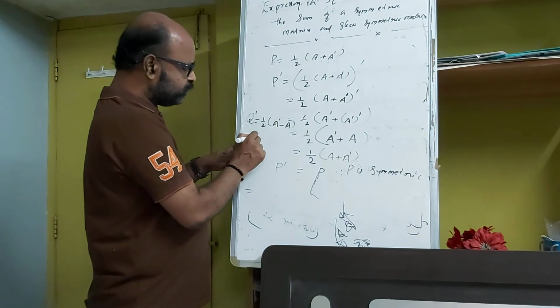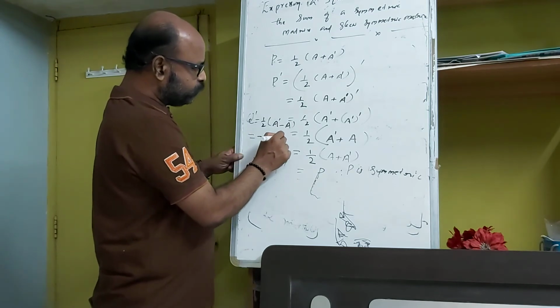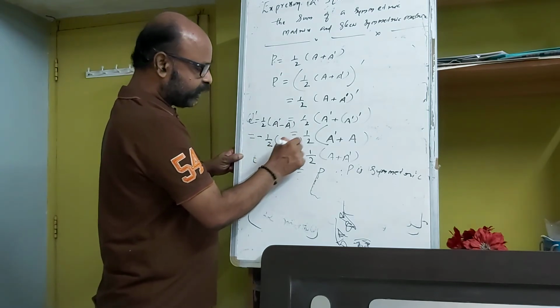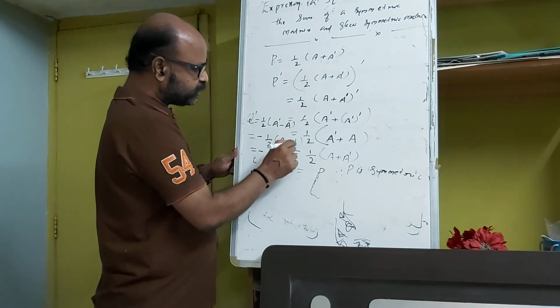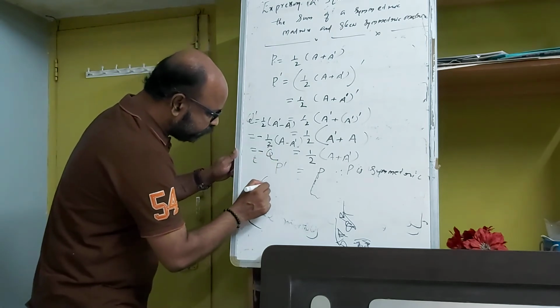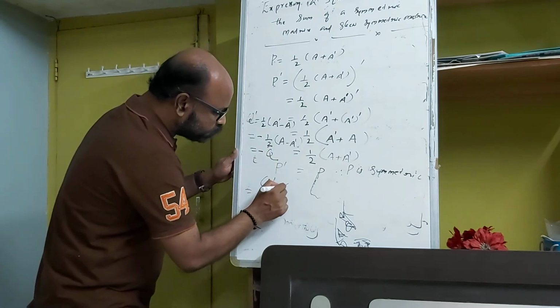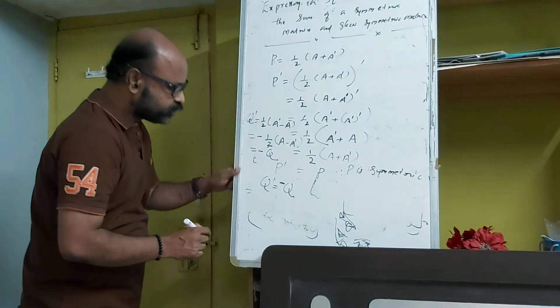If you take the minus outside, it is minus half into (A minus A transpose), but half into (A minus A transpose) is Q. So we reach Q transpose is equal to minus Q. So what is the conclusion?